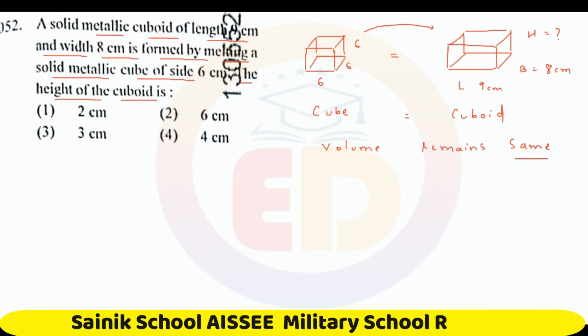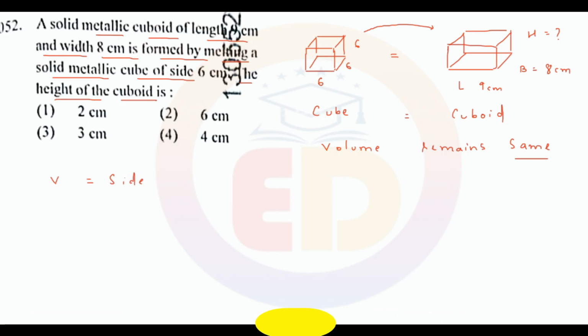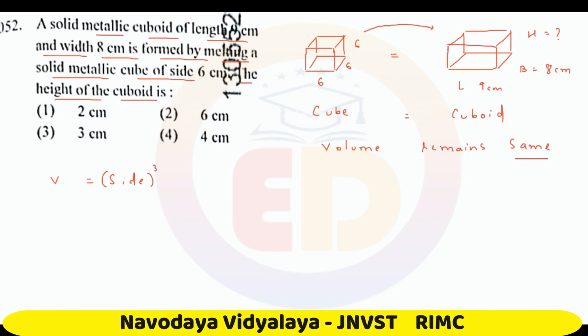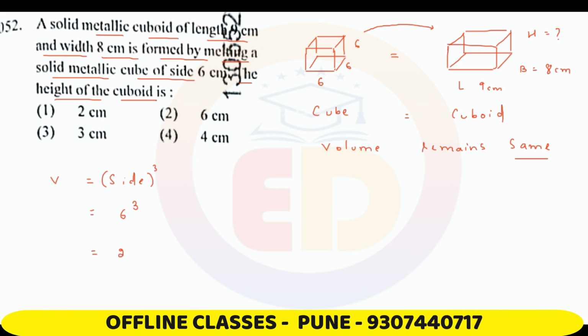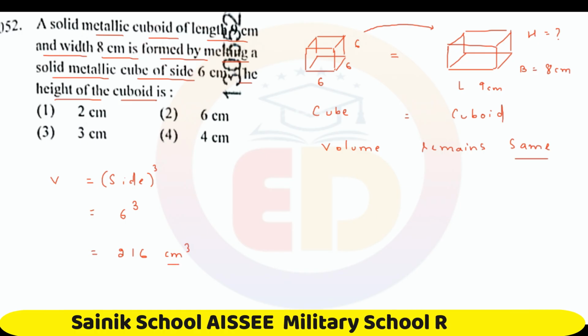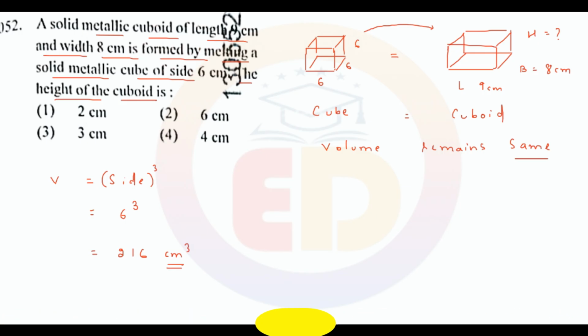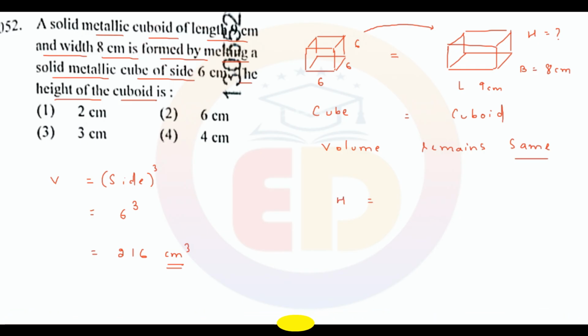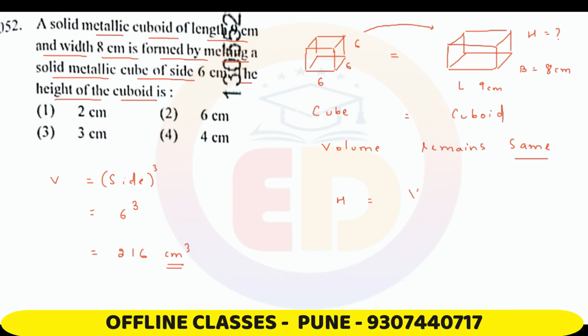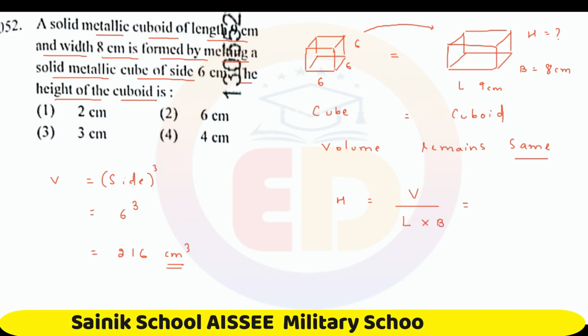Now we know the volume of a cube is side cube. Side of the cube is 6, so volume is 6 cube, which is 216 centimeter cube. And now this same volume can be used as the volume of the cuboid to find the height. Height of the cuboid formula is volume upon length into breadth.